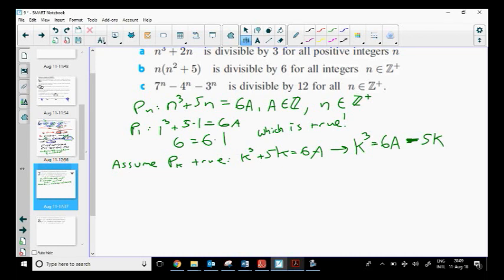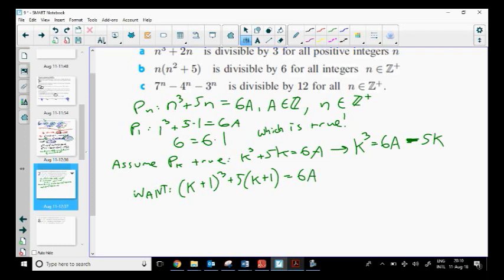So anyway, we have k cubed is equal to 6a minus 5k, and we're going to use this fact now in our statement about k plus 1. You know what, why don't we write down what our target is? Because sometimes you get lost in the algebra and you don't actually know what you're going for in the end, and you might just get stuck and quit. So what do we want to show here? I want to show that (k plus 1) cubed plus 5 times (k plus 1) is also equal to 6a.